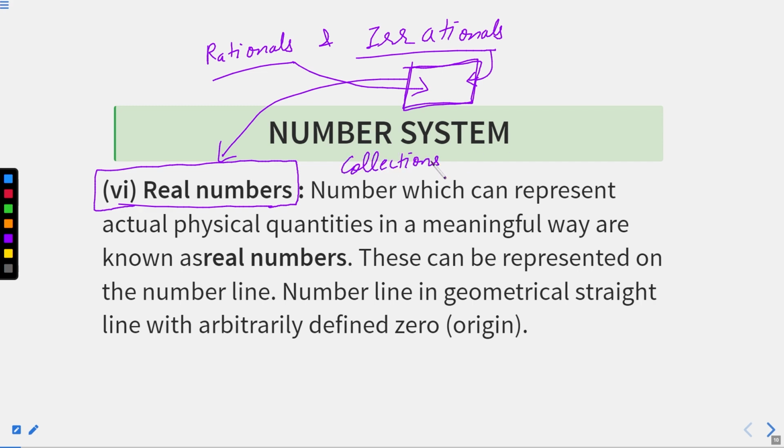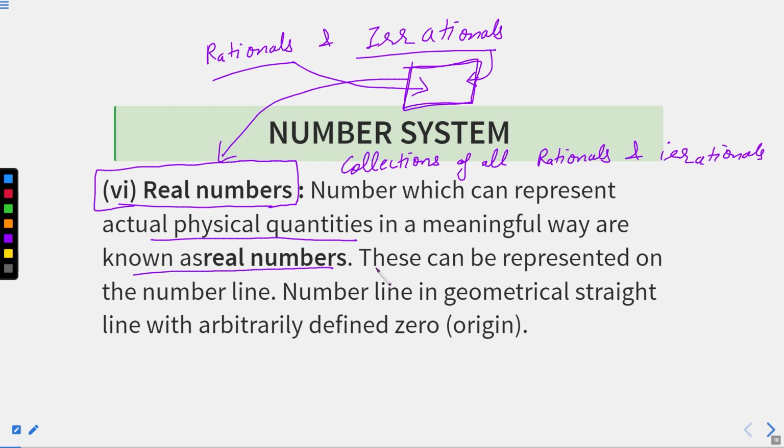Okay, and numbers which can represent actual physical quantities in meaningful ways are known as real numbers.